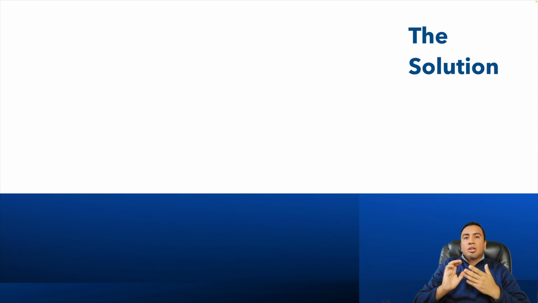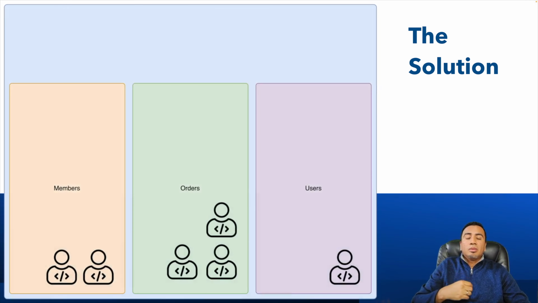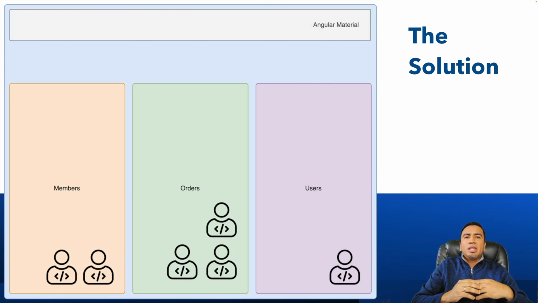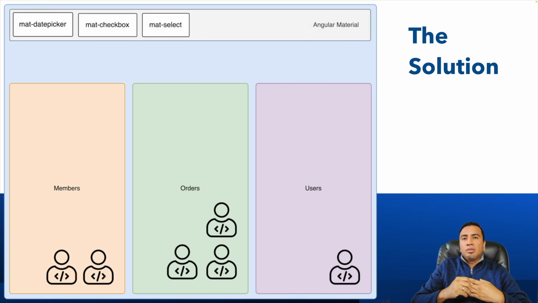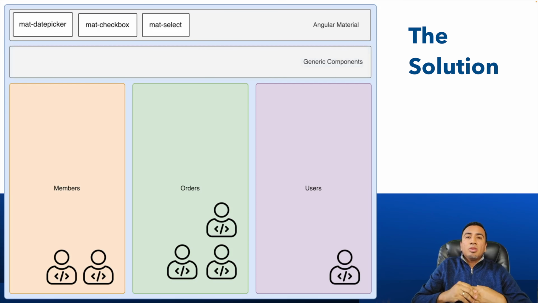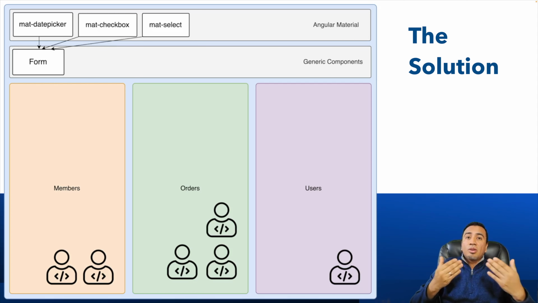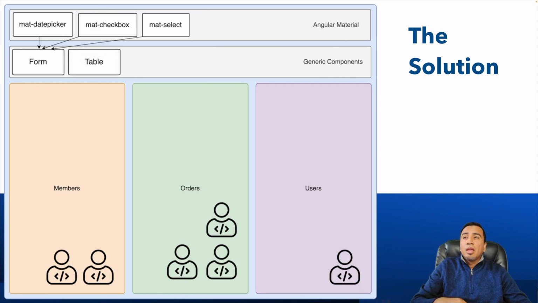So now let's talk about the solution. In our imaginary company, we can still use third-party libraries like Angular Material that will provide us with the building blocks or the low-level components that we will use to create more complex components or higher-level components. For example, Angular Material can provide us with the fields to create our own form and other components.